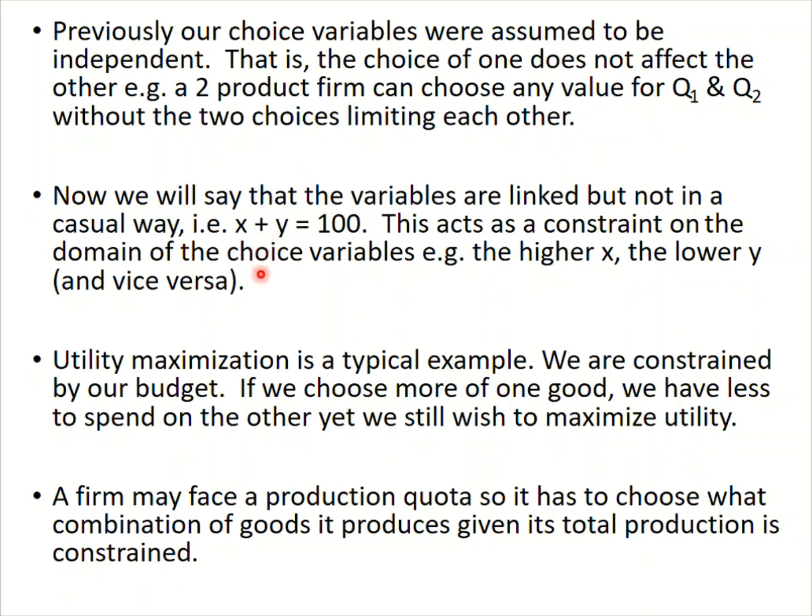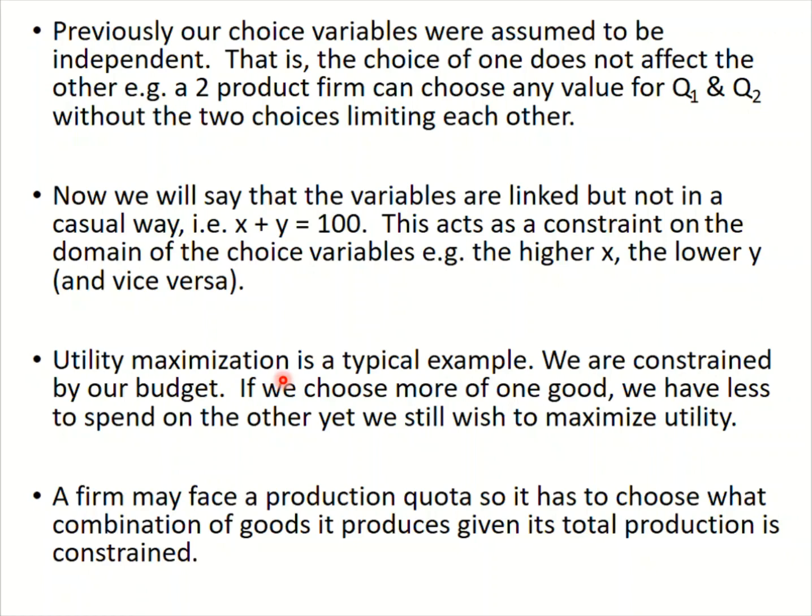So a good example of this is utility maximization, where we want to maximize our utility in choosing to consume two goods. We could call them Q1 and Q2. And we are constrained by our budget. Okay, so we cannot consume any amount of these two goods.